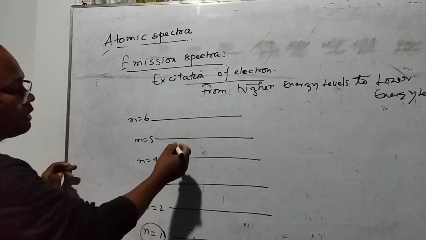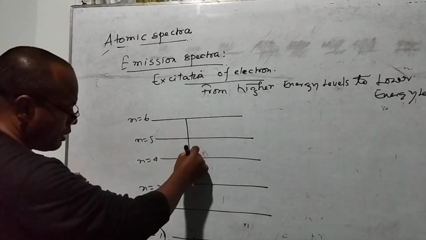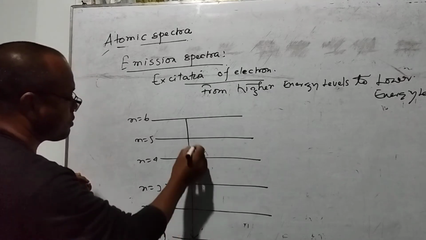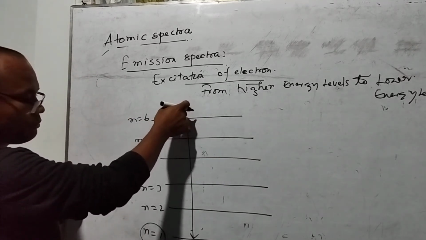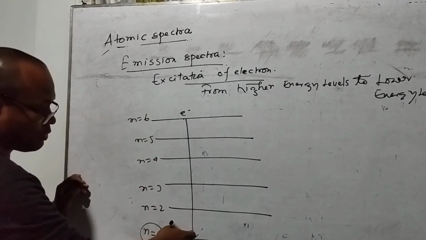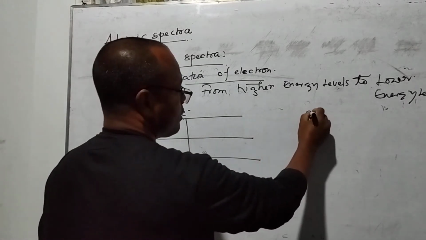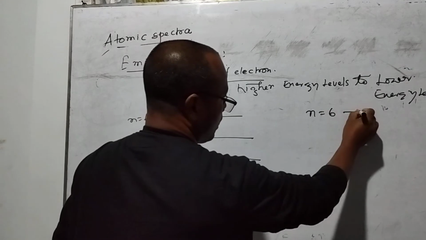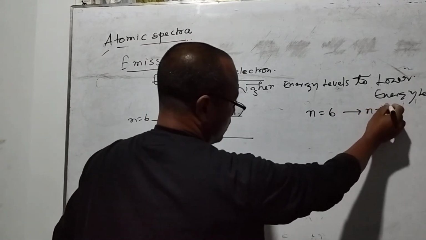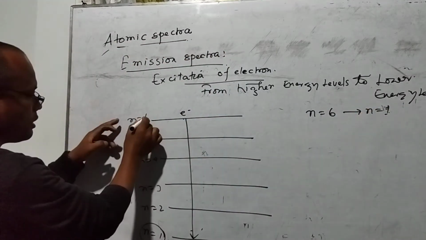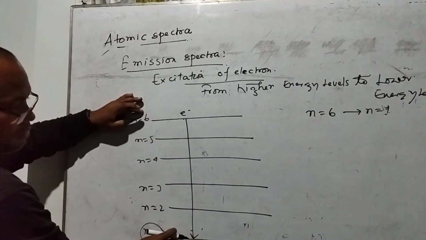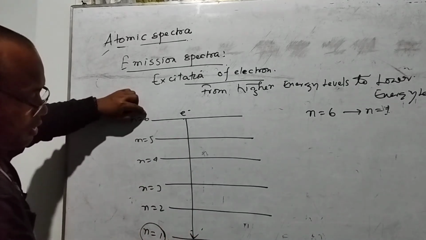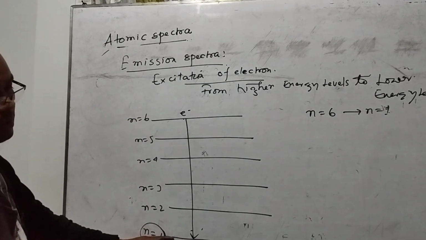So one of the electrons jumps from n is equal to 6 to n is equal to 1. I just write here n is equal to 6 to n is equal to 1, right? Now here is the highest energy level. So this energy level and this energy level are different. Now this is the higher energy level, this is the lower energy level.